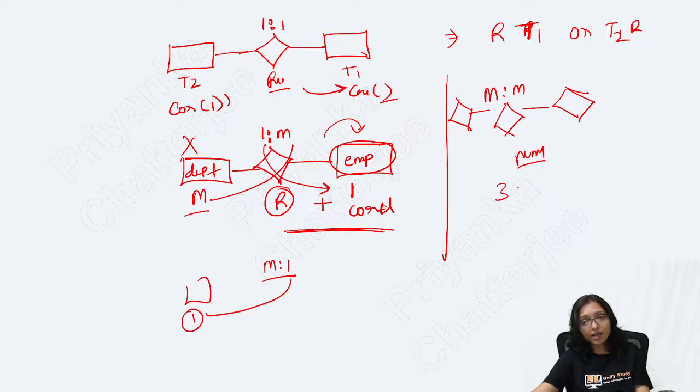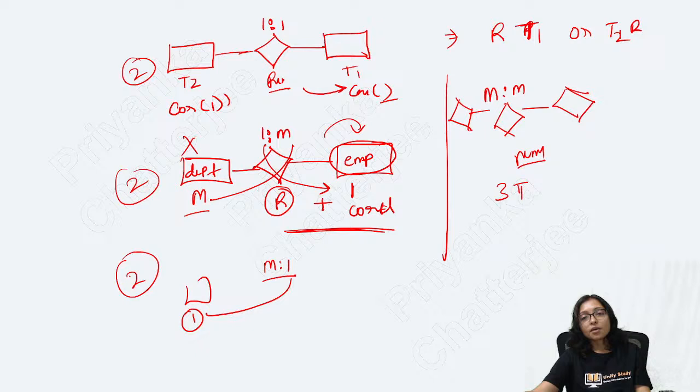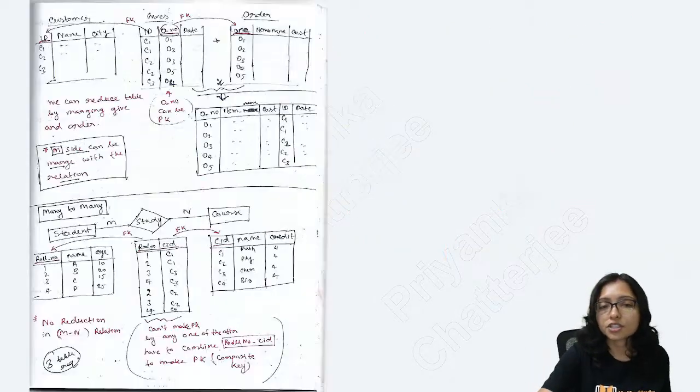There 3 tables are required. Here only 2 tables are required, here also 2 tables, here also 2 tables, but here 3 tables are required, because as this is a many to many relationship you have to make it separately. You cannot combine the relationship. It is not possible to combine the relationship. Ma'am, why?